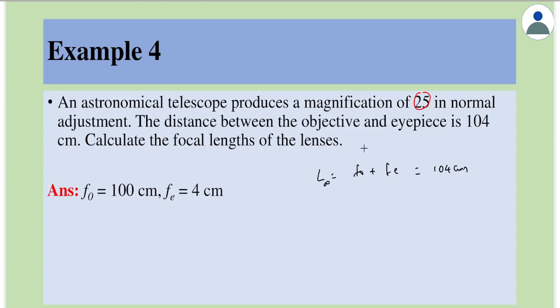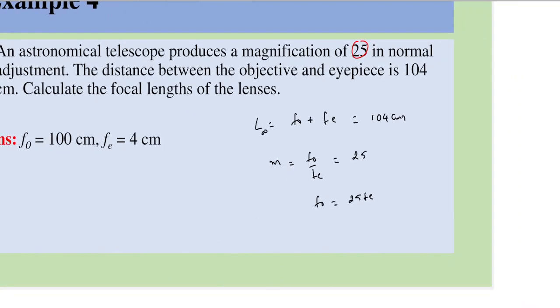And also what is given here is the magnification in normal adjustment mode. We saw in theory class that normal adjustment mode means that the object is at infinity and also the image is formed at infinity. So in terms of magnitude alone, m is equal to f0 by fe, that is equal to 25. So from here f0 is equal to 25 into fe.